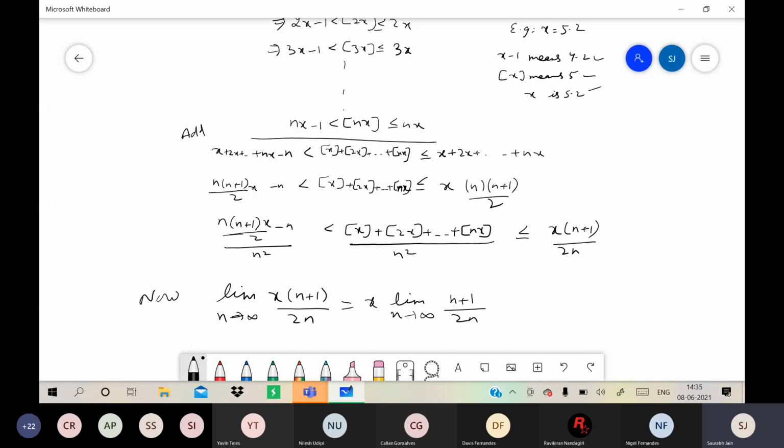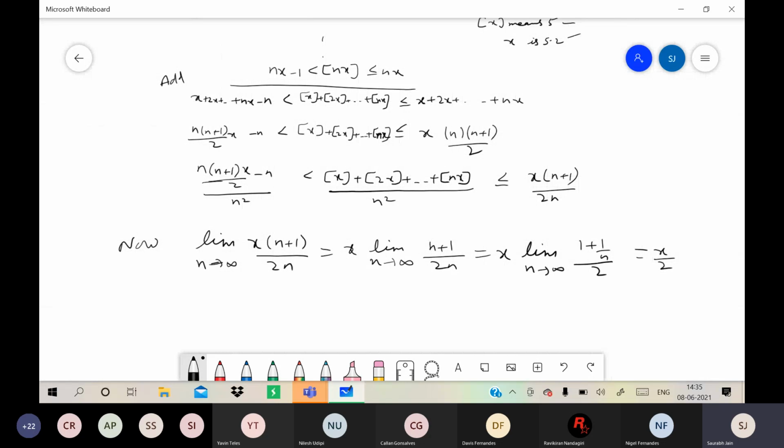Divide numerator and denominator by n: 1 plus 1 by n upon 2. So what is the value? x by 2. Why do we divide both numerator and denominator by n? Because we divide by the term having the highest power. So the limit 1 by 2 multiplied by x, so x by 2 is the answer.